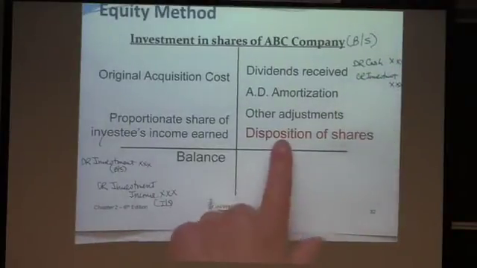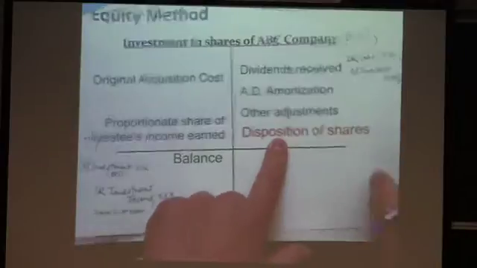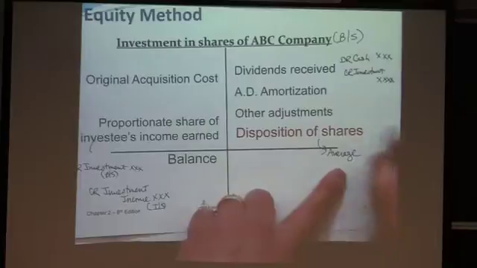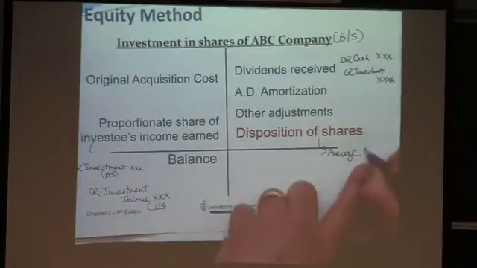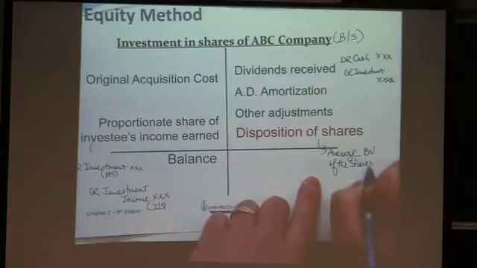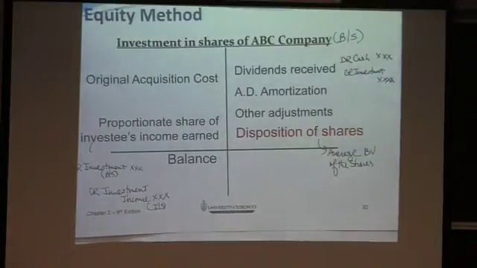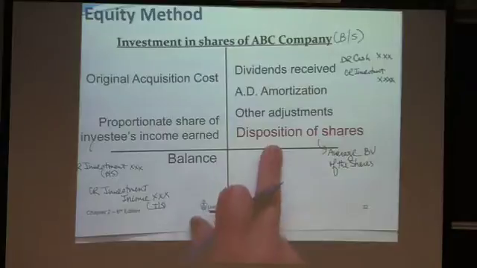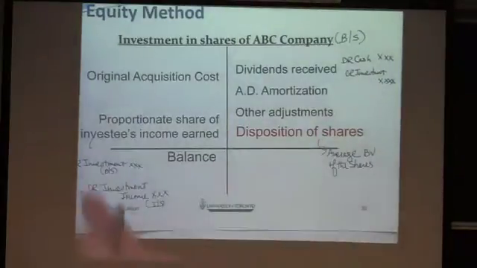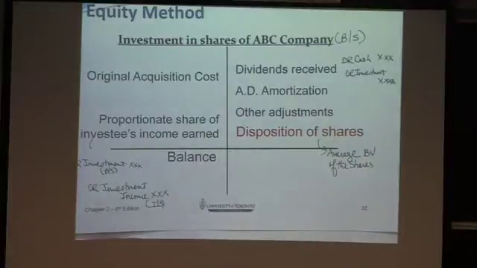Now, obviously, if you dispose of the shares, you would use the average book value of the shares. So, for example, if I purchased 200 shares originally and dispose of only 10 shares, then I need to determine the book value of the investment account.